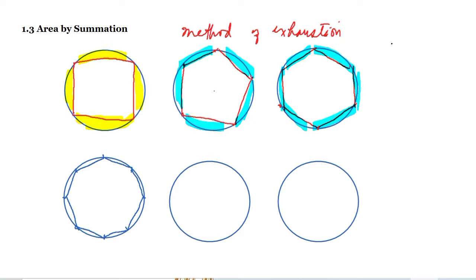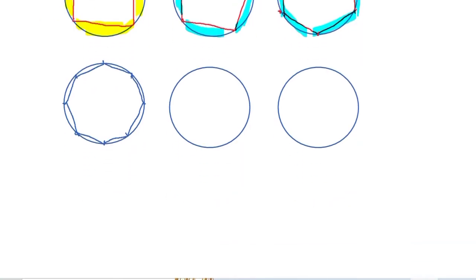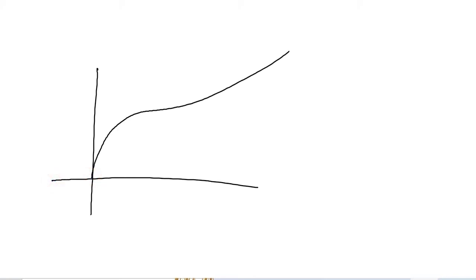So kung meron tayong curve, let's say, we have this curve here. Ayan. So, kukunan natin ito siya ng area from point A up to point B. And i-divide natin into equal parts. Kasi, mas maliliit dyan. O, ito, try natin yung mas malalaki.